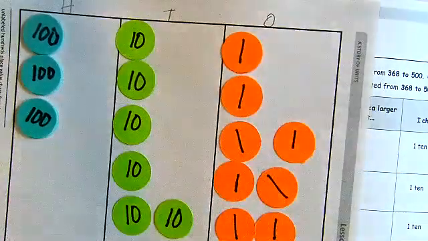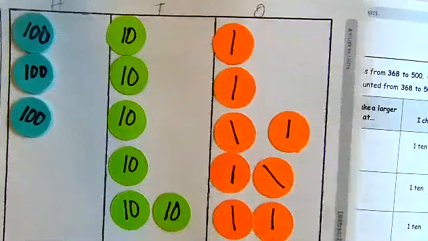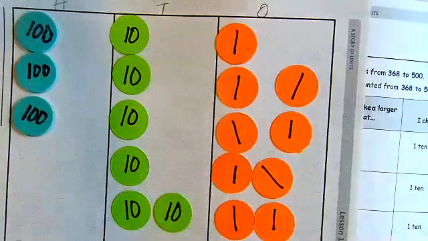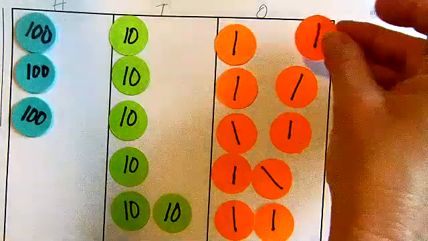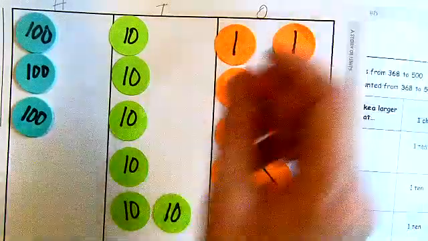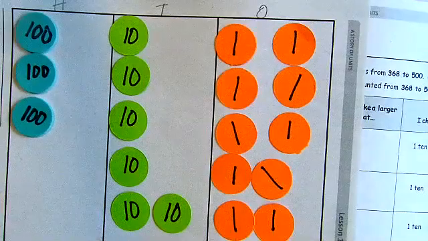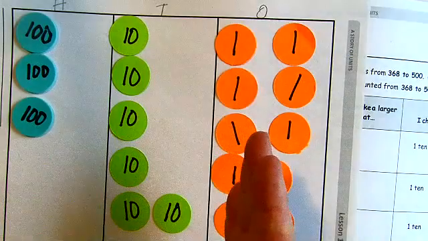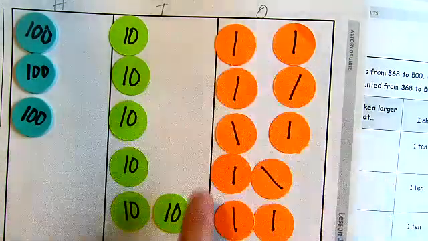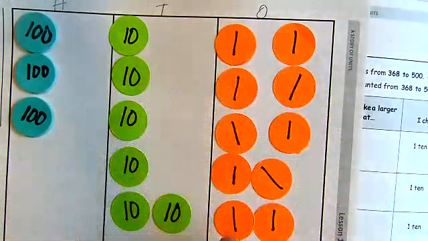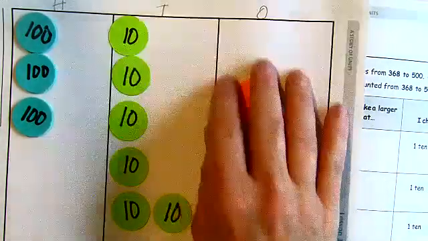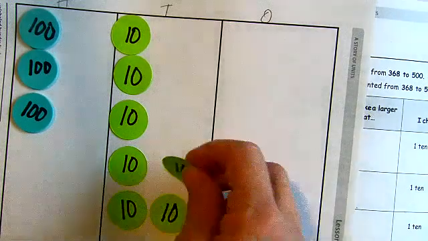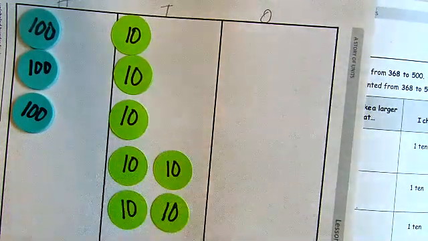We have 368, count with me, 369. That will make the 10, and it would be 370. So now at 370, I am going to change these out and change them up to a 10.